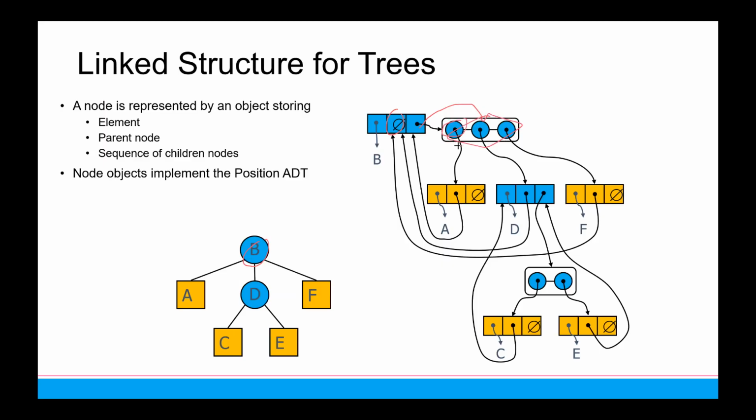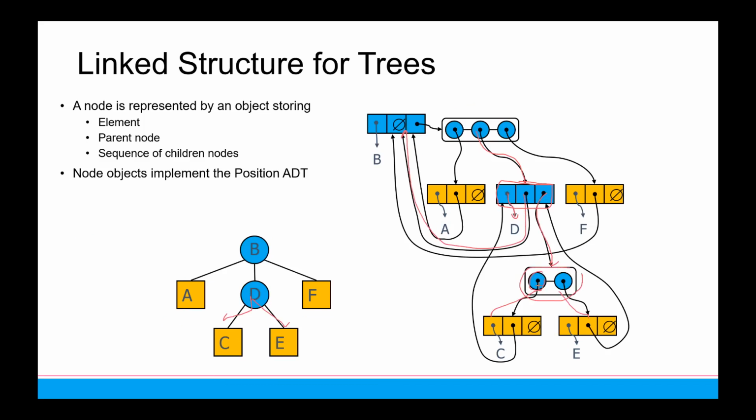The first one is this node, where the element is A, the parent is B, and the children are empty. What about D? This node has the element D, the parent is B, and D has children with a sequence of C and E.